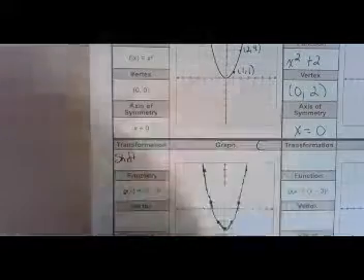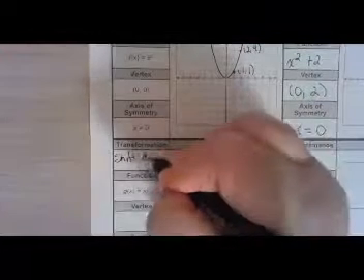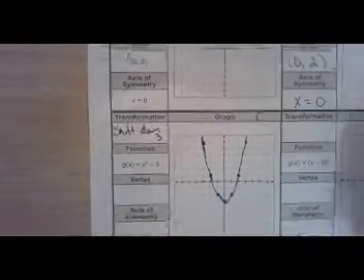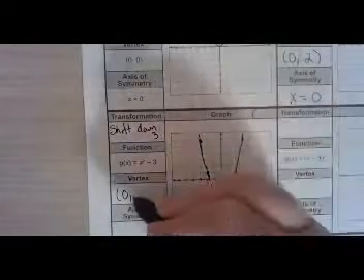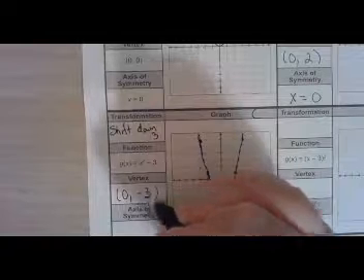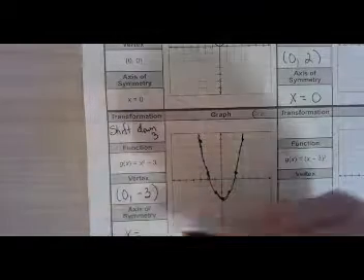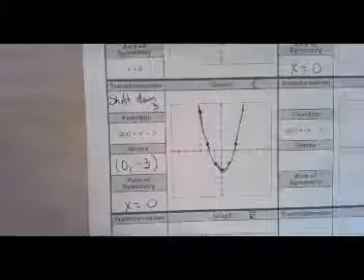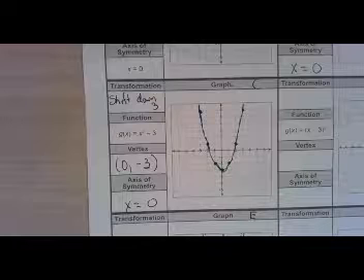Shift down 3. Okay, our vertex still occurs where x is 0, but it's down 3. So negative 3, 0, negative 3. Axis of symmetry, x is still going to be 0 because that's the value of the first value in the axis of symmetry.